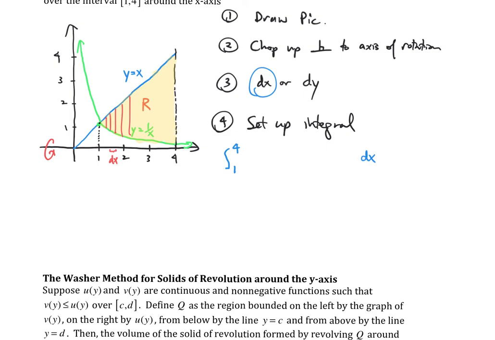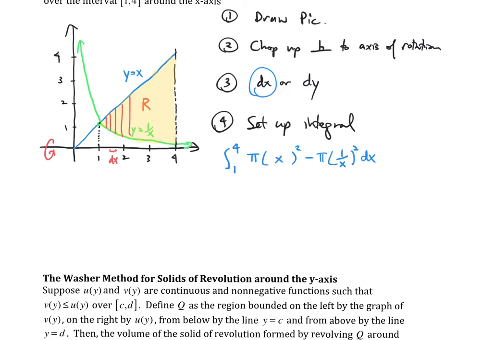I know that I want to take pi times the radius of the big circle minus pi times the radius of the small circle. And I hope you can see from looking at this picture that the bigger function is going to be the x function. So I'm going to write an x in for the big radius. And the smaller function is going to be given by the green graph, which is the 1 over x. So 1 over x is my r small, the small radius.